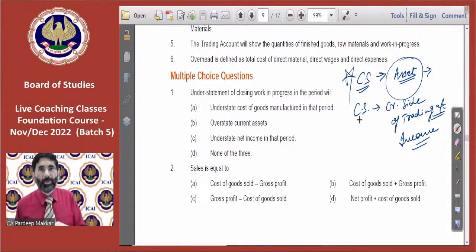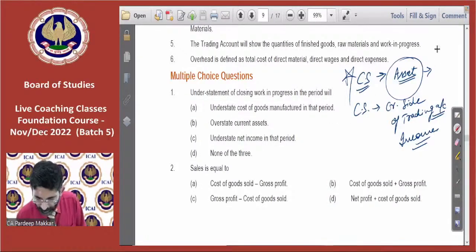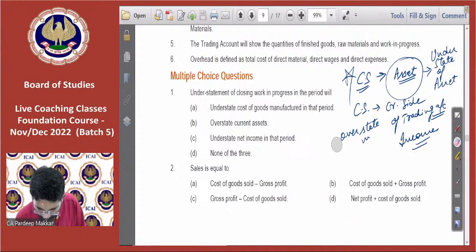So due to that reason, it may be assumed as an income also for understanding. So with this, if you will understate closing stock, then what will happen? It will result into understatement of assets and, sorry, understatement of profit, because if closing stock is understated, automatically your profit will be understated.